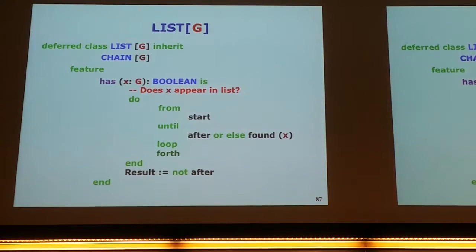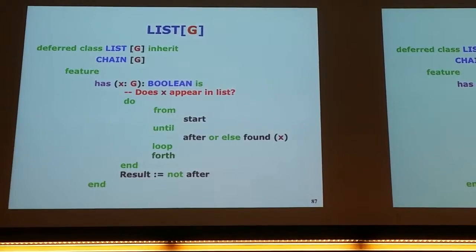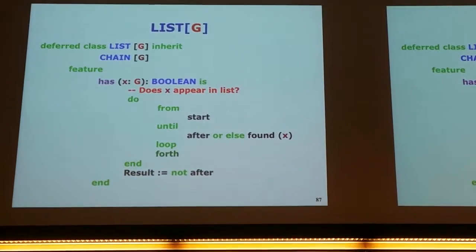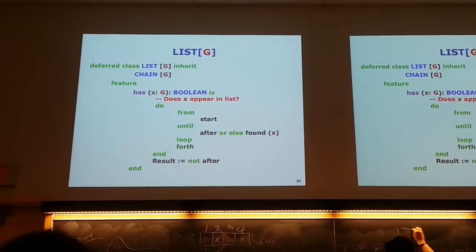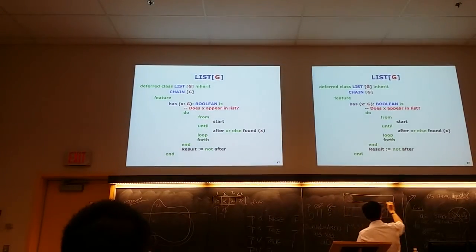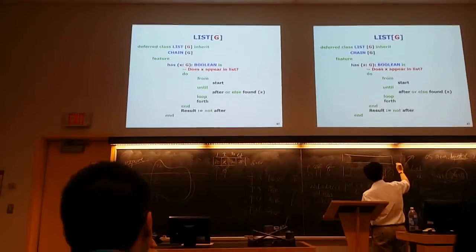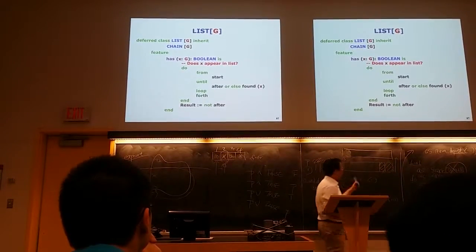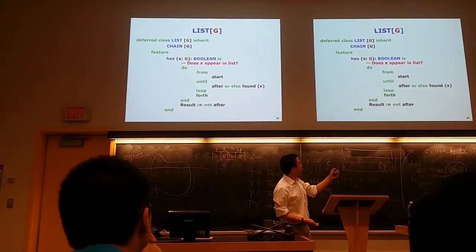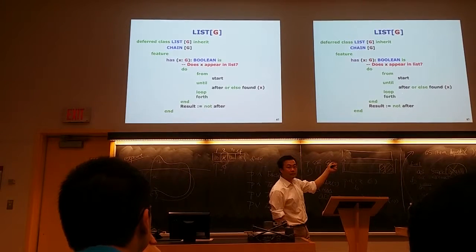Let me see if that will work. Okay, pardon me, actually this will work. Let's say it's a very long list. The after will be true only if the cursor has moved to here. Until then, the after will simply be false, right?